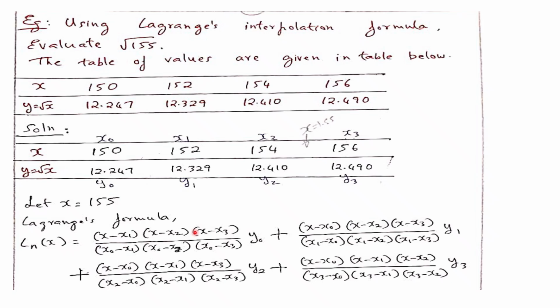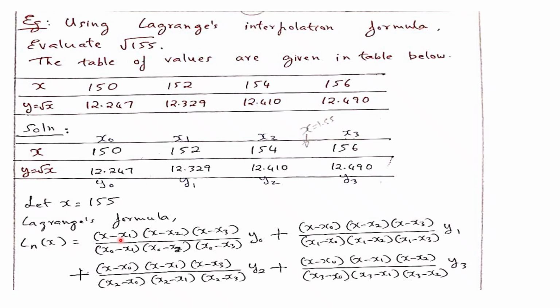Now you see in the numerator what we have to write. There should be all terms of x except which one? x naught. So you look at this, see x minus x1 is the first term. x minus x naught you don't have to write here. Next is x minus x2. Next is x minus x3.